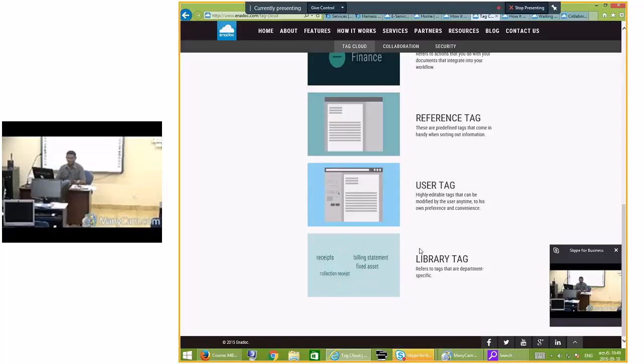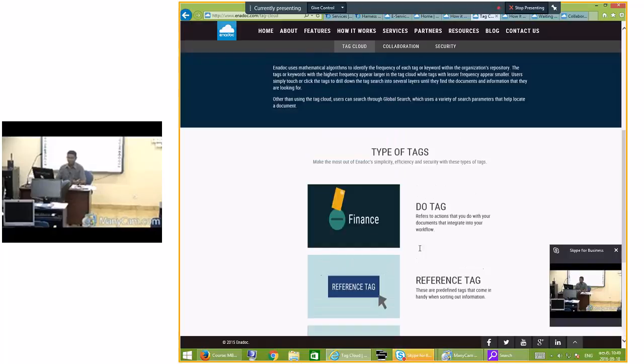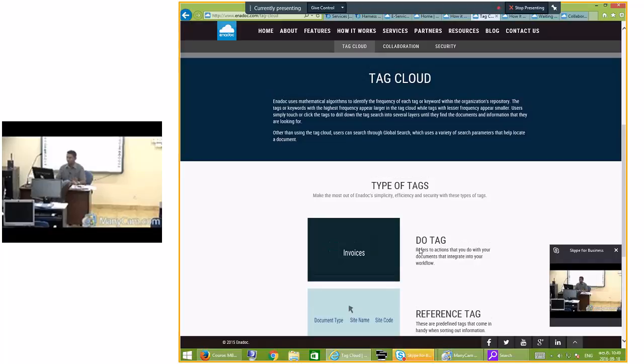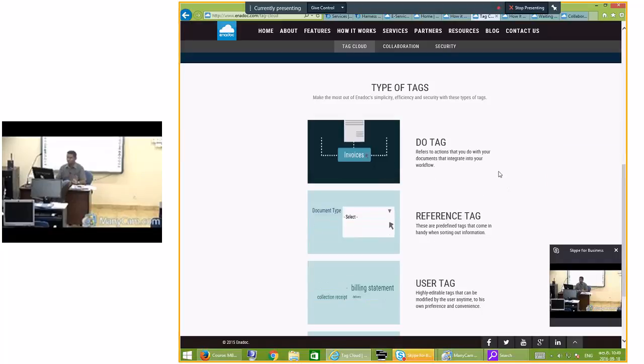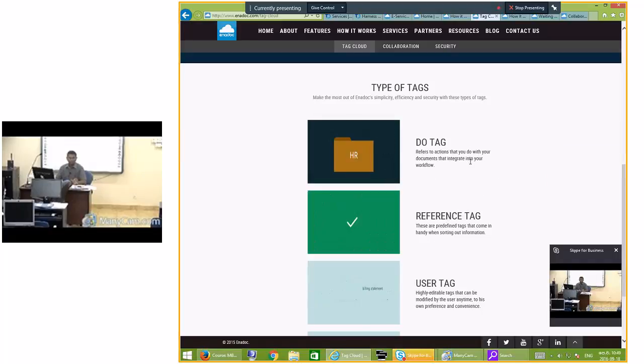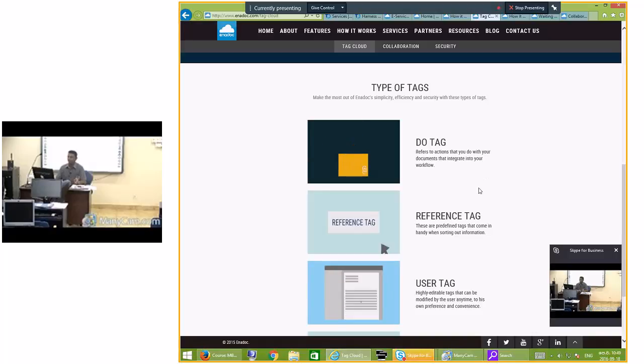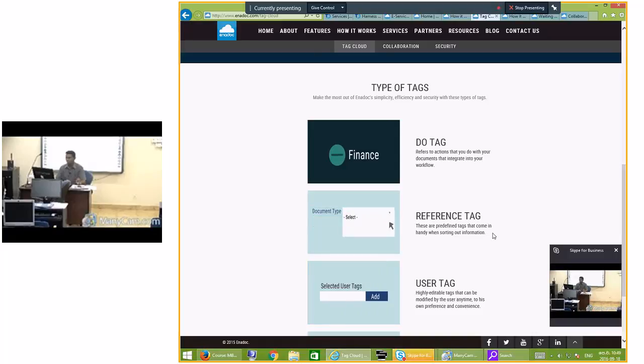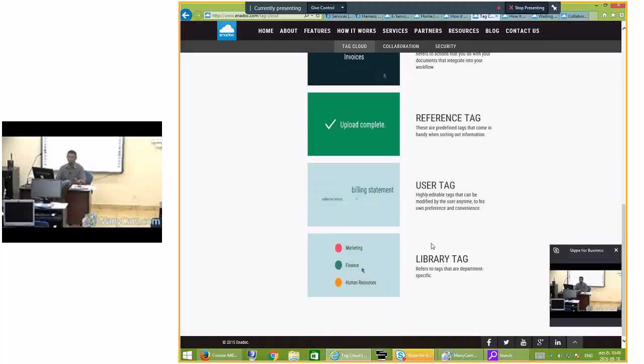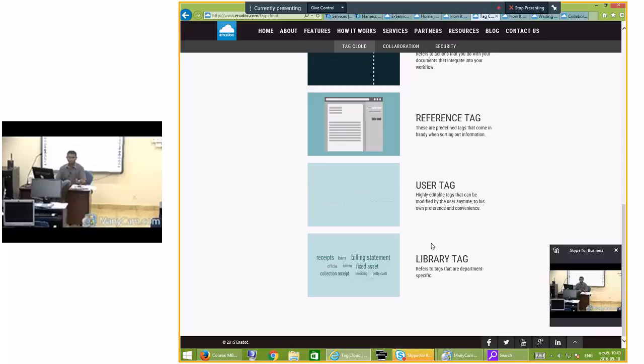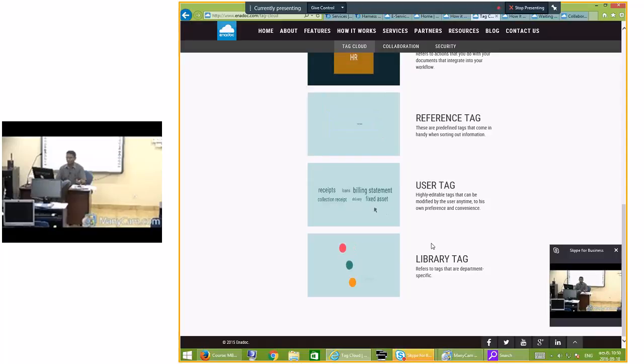So the benefit of tagging is you can just search with tags, right? Say you want to find an invoice which was created by yourself.